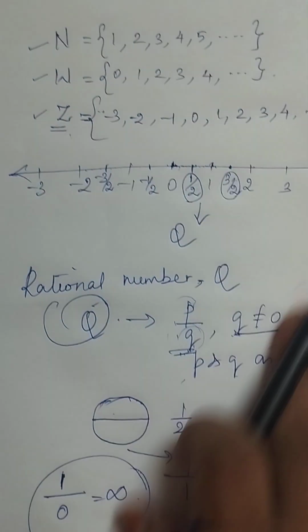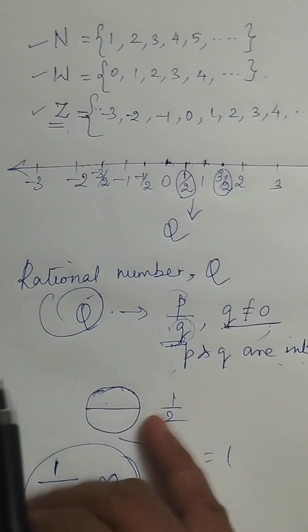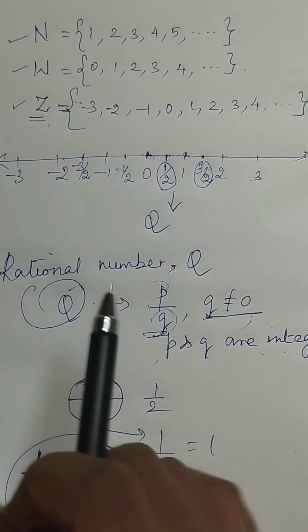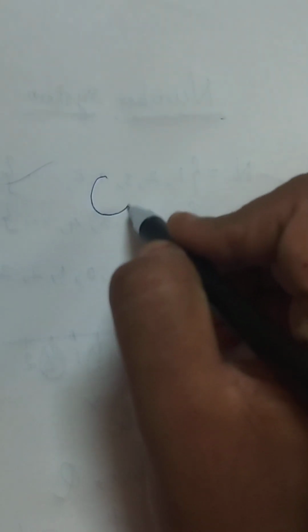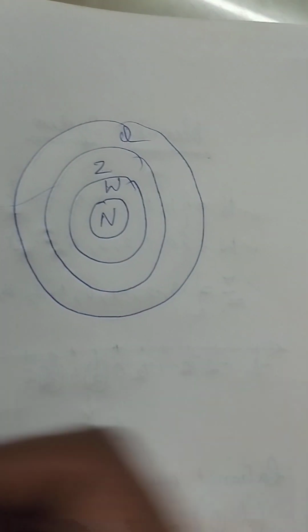For this class I want to explain till these four numbers, that is natural, whole, integer and rational numbers. So this is a set of all natural numbers, this is a set of all whole numbers, this is a set of all integers, and this is a set of all rational numbers.